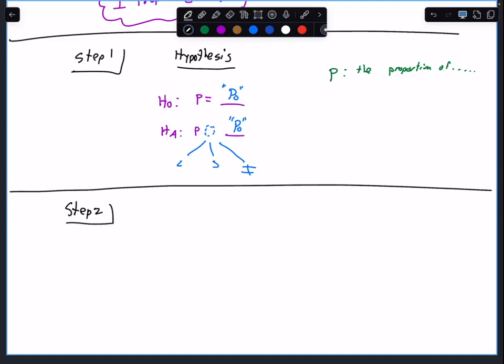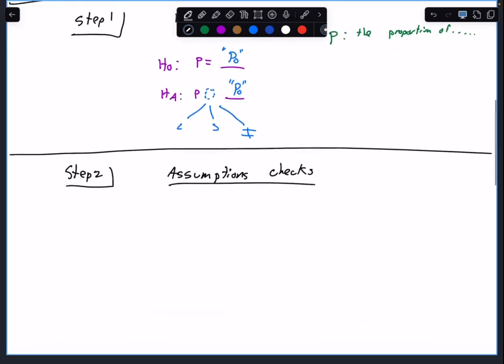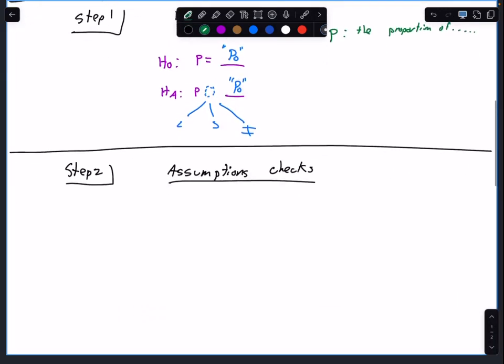Step two is where we do our assumptions checks, also known as the assumptions and conditions. And the assumptions checks is where we do what again? Check for normality, SIN. This is what we covered yesterday. The sample is random.